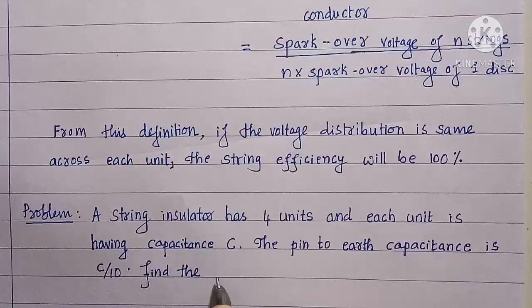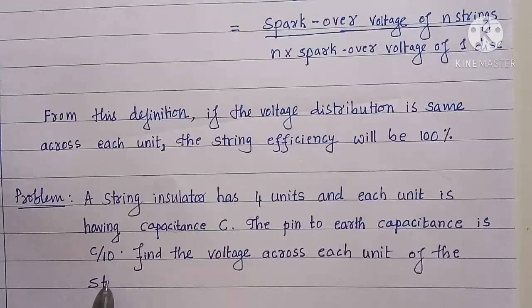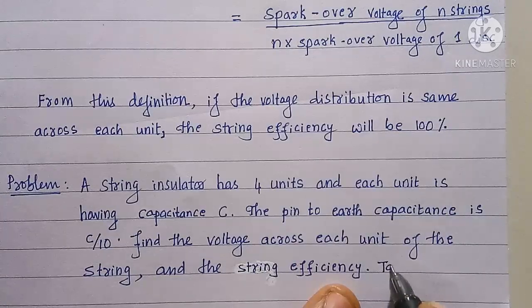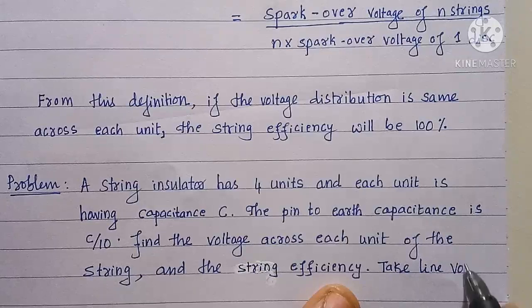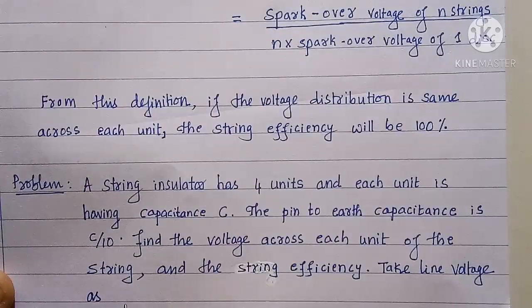Find the voltage across each unit of the string and the string efficiency. Take line voltage as 33 kilovolt.